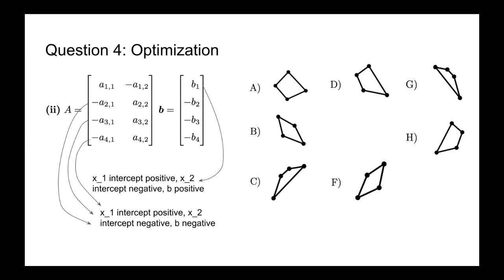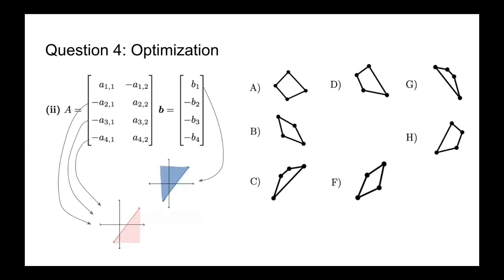So if we look at a sample graph for each of these constraint scenarios, we can see the following. For this blue graph here, we can see that the x2 intercept is negative, while the x1 intercept is positive. Also, we see that our b is positive. So that translates to the fact that the inequality coverage is going to be above the line.